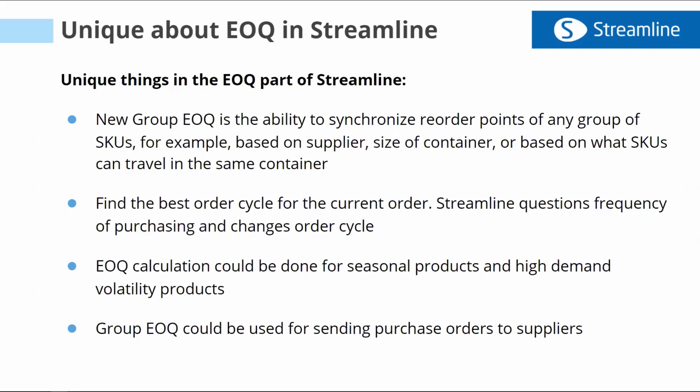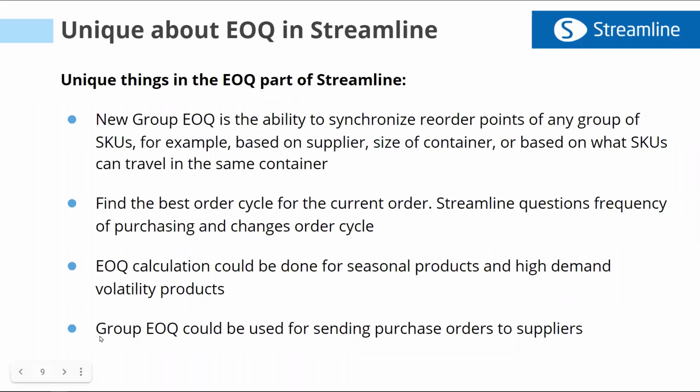So Streamline recommends the best order cycle for your current purchase. Previously you were able to only set it manually. Now it's recommended automatically. Assessing seasonal products is not something that Streamline does uniquely, but this calculation is quite complex for Excel, and Streamline simply reproduces one of the known algorithms for calculating EOQ for seasonal products.